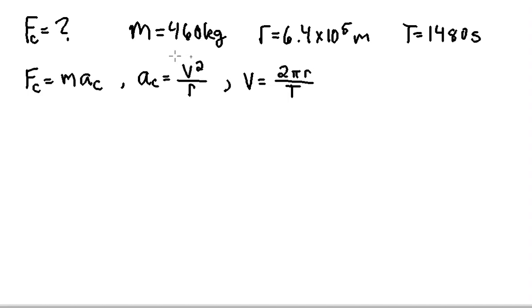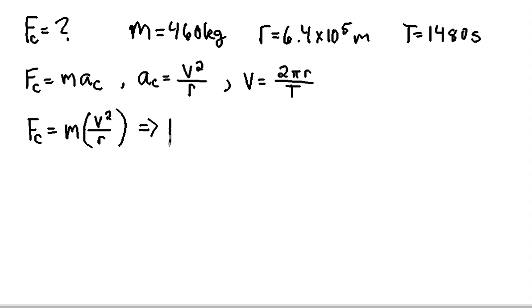And then we're going to have to replace a sub c, the centripetal acceleration, with what that is equal to. So let's do this one step at a time. First, the centripetal force is equal to the mass times v squared divided by r.